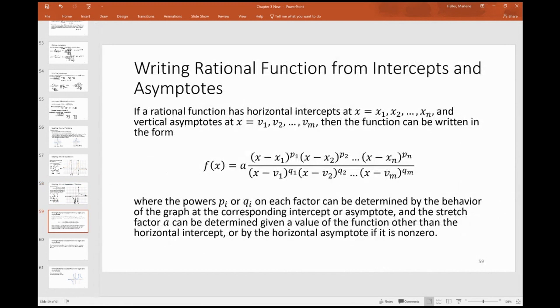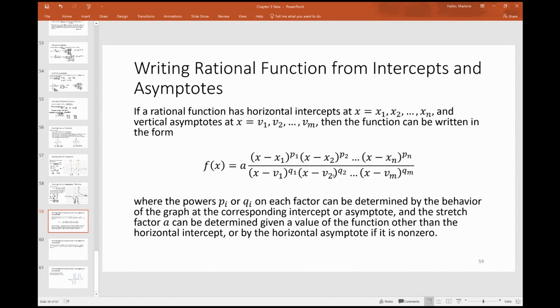All right. So if we wanted to write the formula or the algebraic representation of a rational function, right, and we knew some things about it, or we had the graph of it, now we've learned enough that we could probably do it. A rational function, of course, is just going to take this form where the numerator is going to be factors of some polynomial.